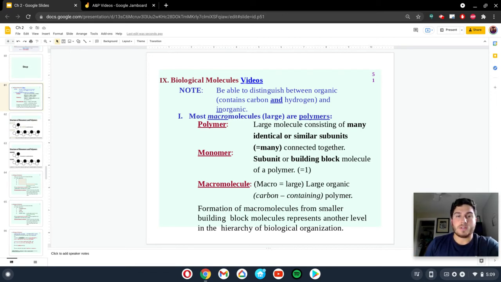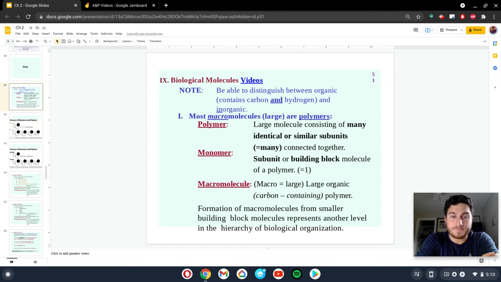So, these are the molecules that make up living things. You can distinguish between organic and non-organic, alive and not living, based on these hydrocarbons, which are molecules that have hydrogens and carbons in them. That said, before we even talk about those molecules, we have to understand macromolecules to begin with.